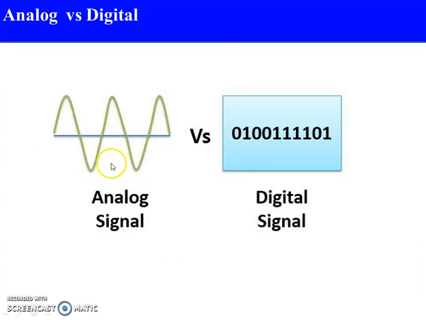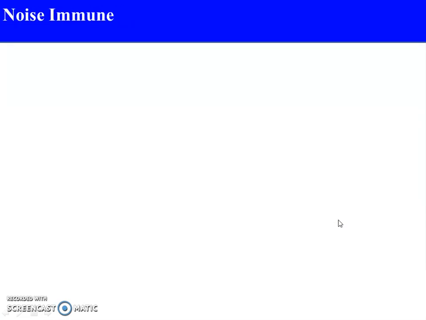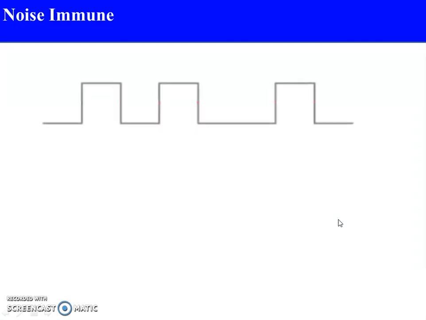Now these two are the analog versus digital representations. An analog signal is a continuous time varying signal, while a digital signal has only two finite levels at any interval of time. Now, this is the noise immunity property of the digital signal.